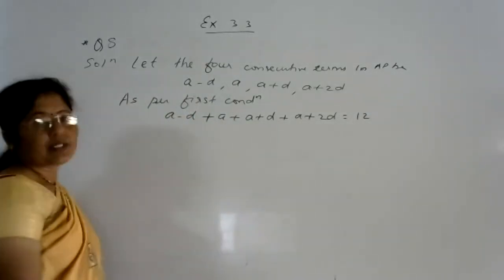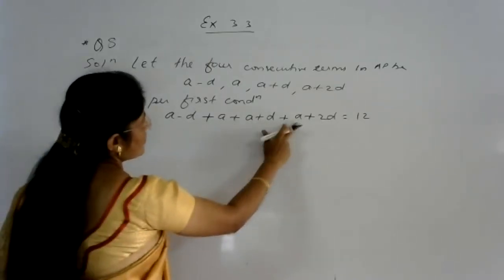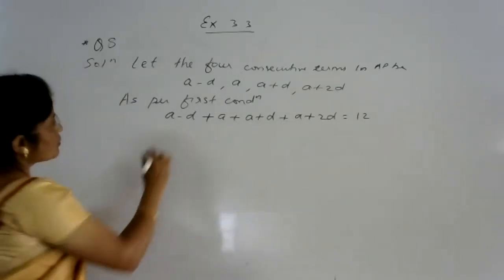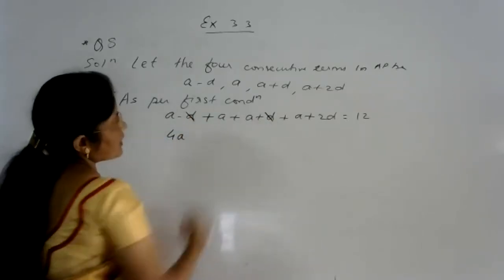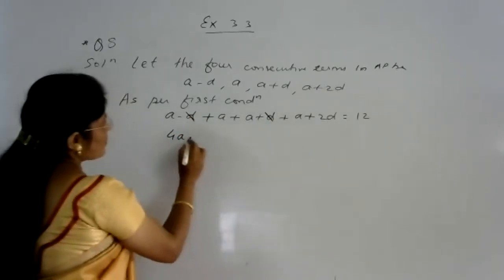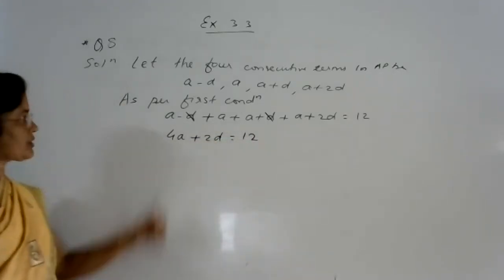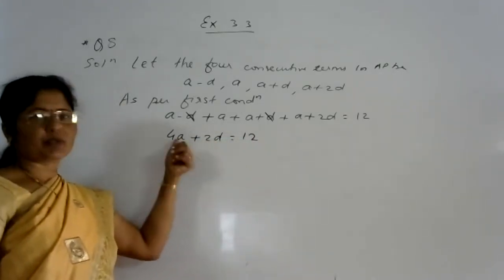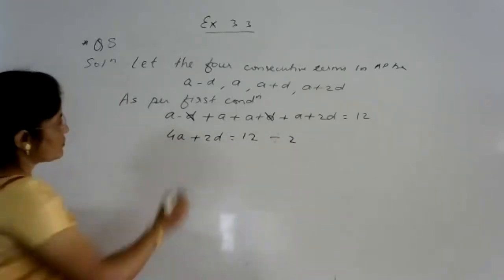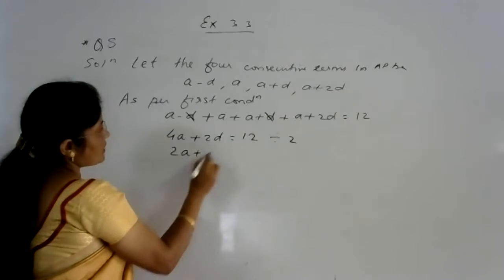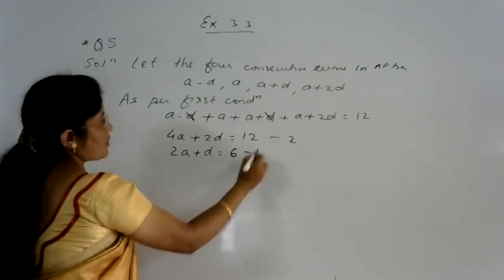Any term that is cancelling, you have to cancel, otherwise add. A, how many times is it? 4 times. So 4A, this minus D plus D will get cancelled. 2 times D is there, so plus 2D is equal to 12. And these are multiples of 2, see the coefficients of A and D, so divide by 2. What will we get here? 2A plus D is equal to 6. This is equation 1.